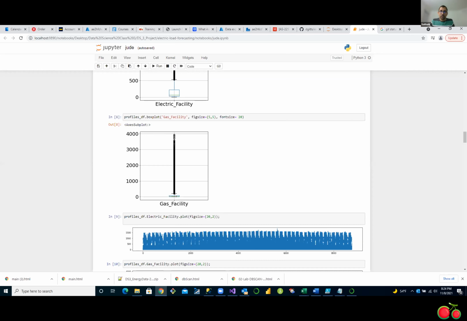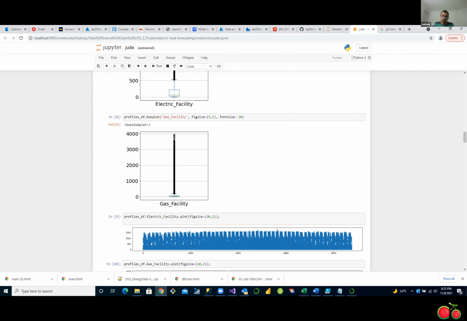So for the gas column, you have a scale of 0 to 4,000, right? Now, if I have to talk about the range of my gas column itself, for gas, the 75th percentile value is 83.98, so roughly around 84.